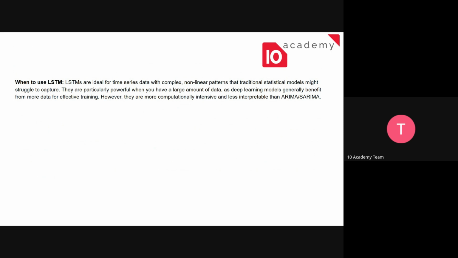While talking about ARIMA and SARIMA, we said we need to run a test to understand whether the data is stationary or not. If the data is not stationary, meaning the mean and other factors are not constant, then we try to make the data constant, right? We mentioned this while talking about the ARIMA and SARIMA models.